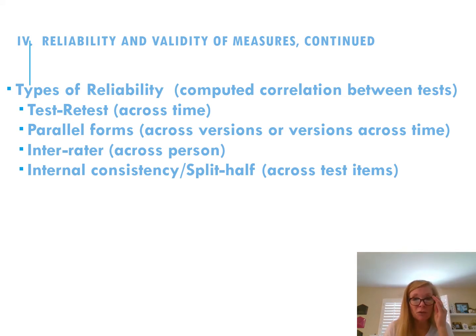Those are formulas that are a little more complex that measure internal consistency. But this type of reliability looks at internal consistency of the items on the test itself, or the measure itself. That, of course, is used mostly for self-report measures.